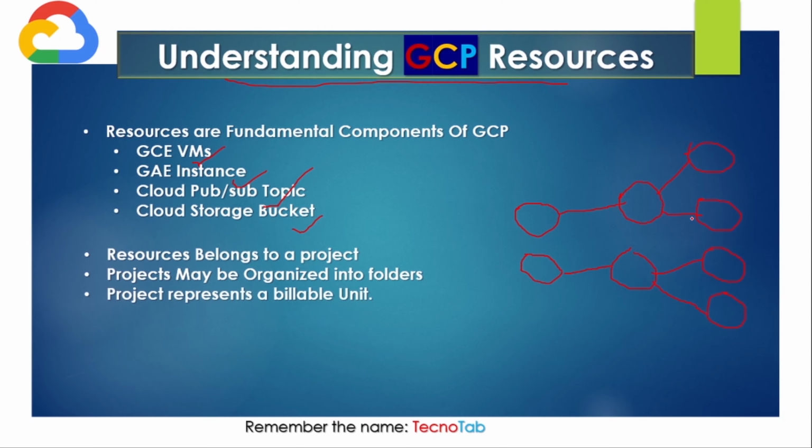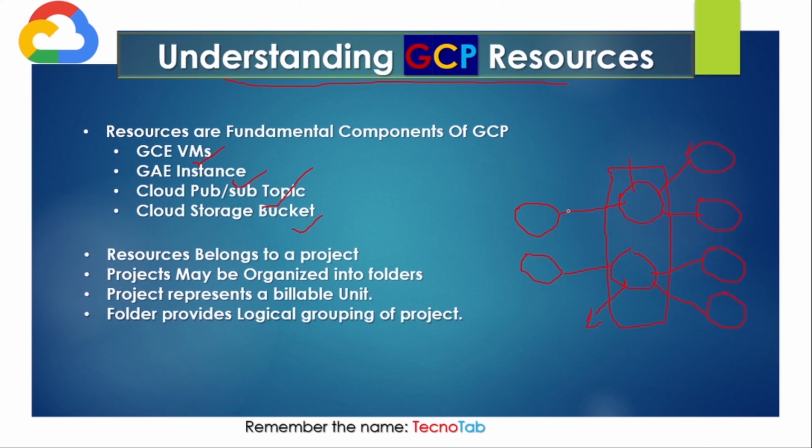And the project here represents a billable unit. What does that mean? That means that this project you can associate with one credit card and the other project you can associate with another credit card, and based on the resources that you use, both the credit cards will be charged, right?